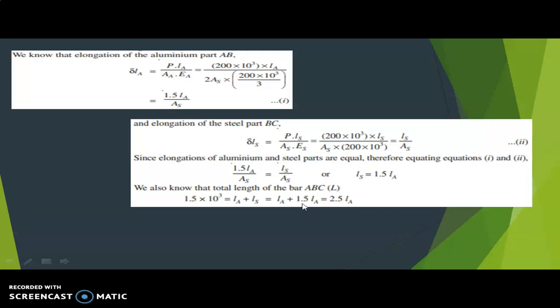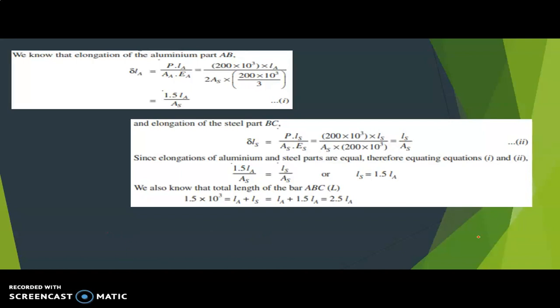And length of the steel bar we can write: LS is equal to 1.5 times length of aluminium bar. So substitute that. Okay, only one unknown. Now LA plus 1.5 LA, that becomes 1 plus 1.5, that is equal to 2.5 LA. So total length 1.5 into 10 raised to 3 is equal to 2.5 LA. After simplification you will get this.